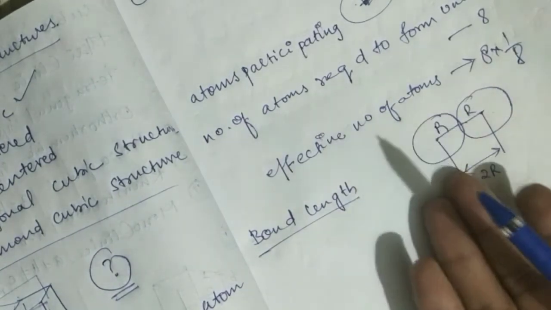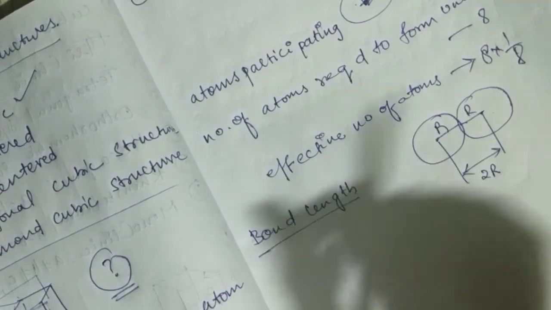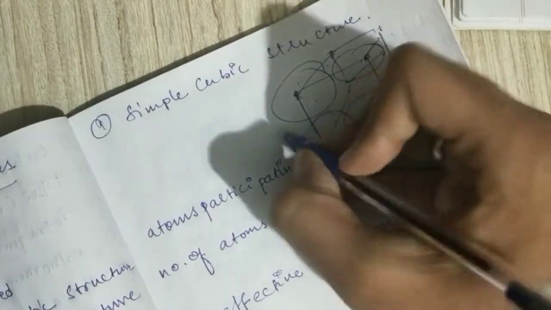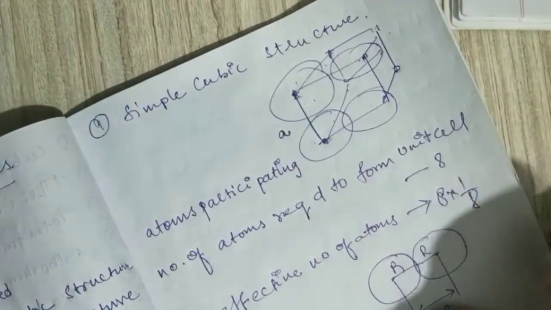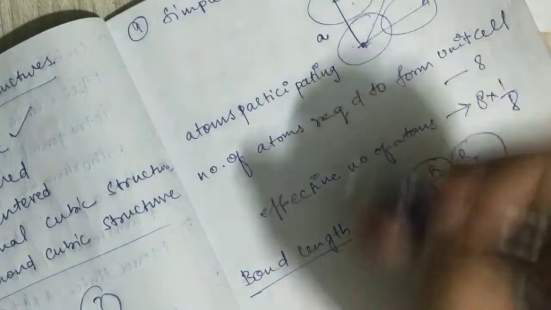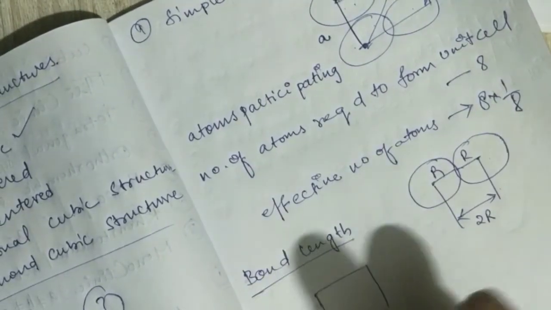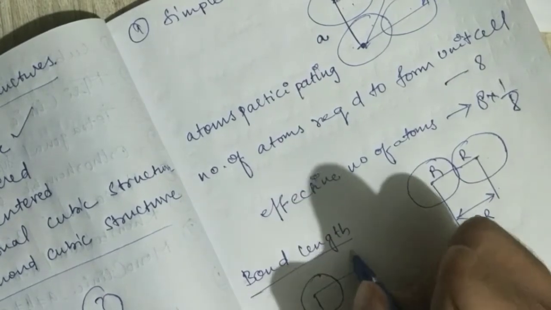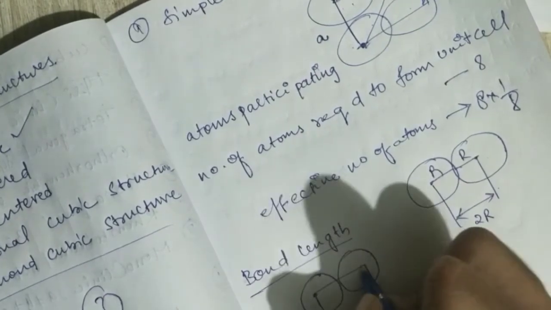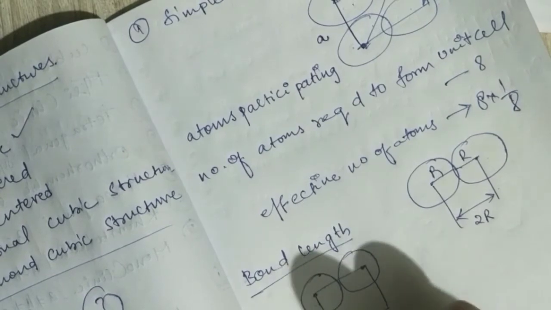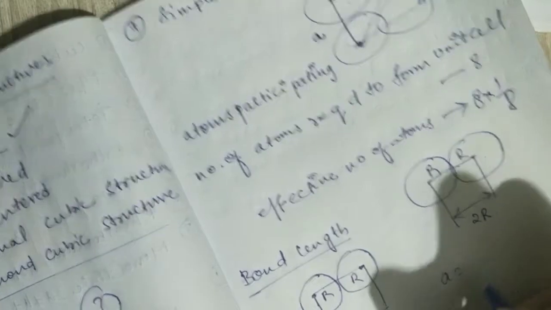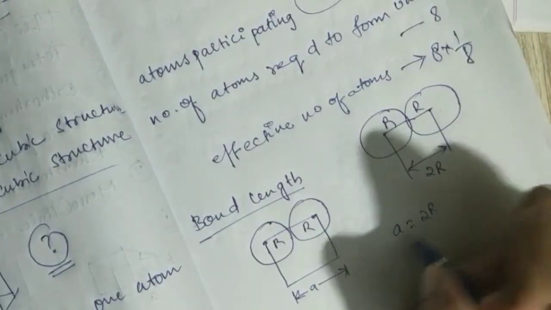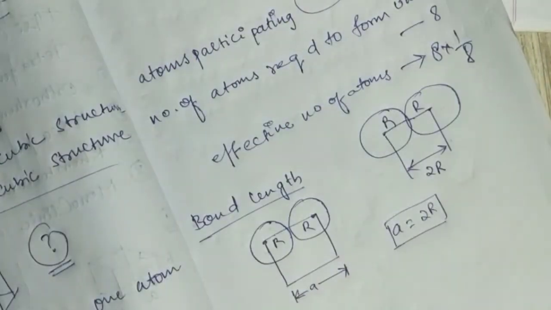For everything, 2R will be the same. But this one we are relating with this cube. Suppose the dimension of this cube is A. So we are relating A and R. If we see in the structure, the length of the cube is A and the radii are R and R. A equals 2R. This is the relation between bond length and radius.